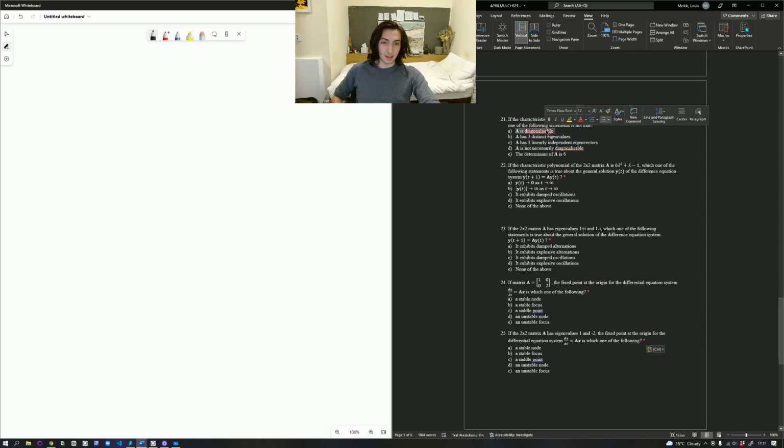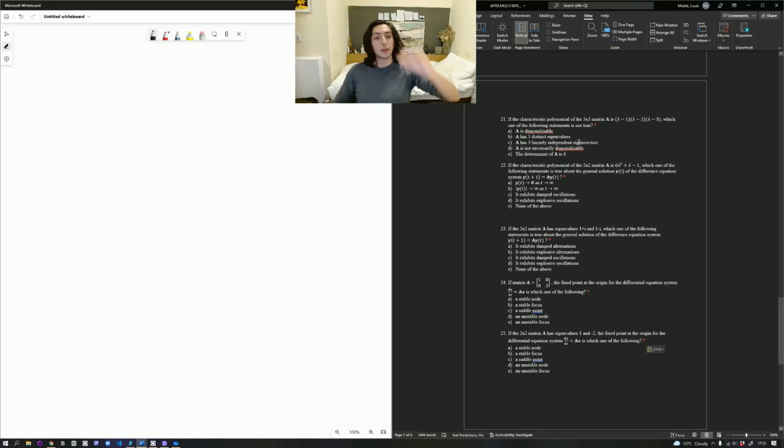So A is diagonalizable here. These three things back each other up. It has three distinct eigenvalues and three linearly independent eigenvectors, and that means it is necessarily diagonalizable because it has these three distinct vectors for a 3 by 3 matrix. The determinant is also 6 in this case.